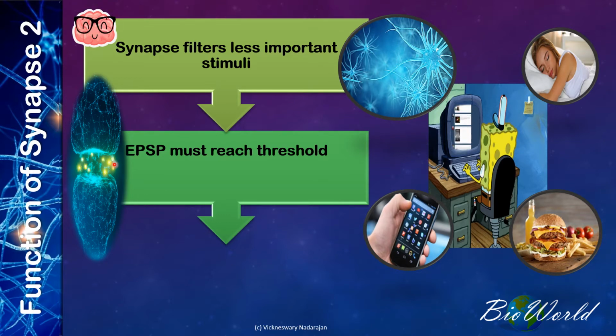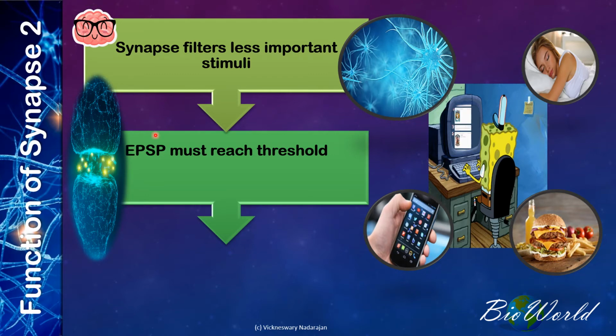But because of the synaptic cleft, the electrical impulse will have to be converted into a chemical impulse, and that chemical impulse will slowly form EPSP on the adjacent dendrite.